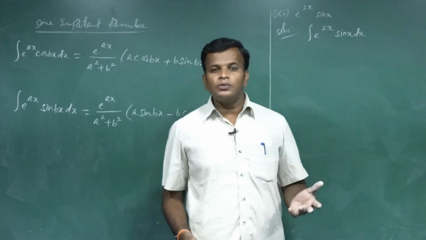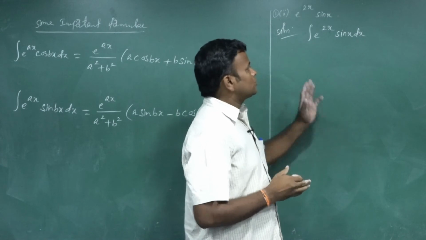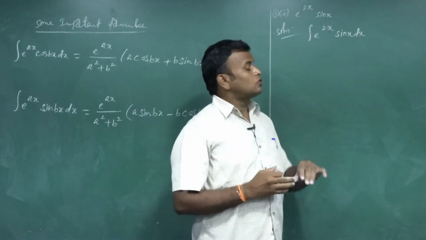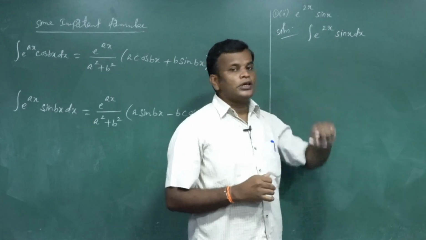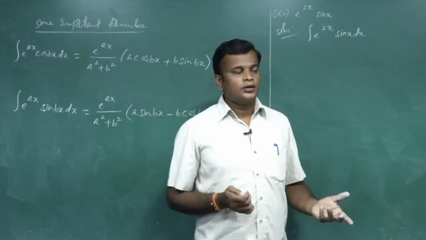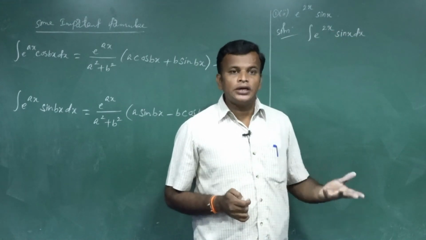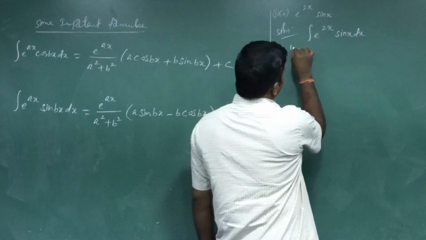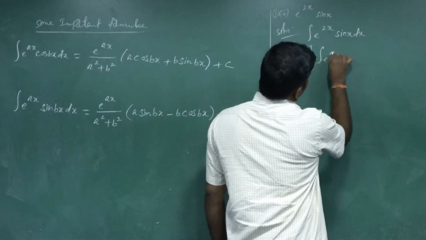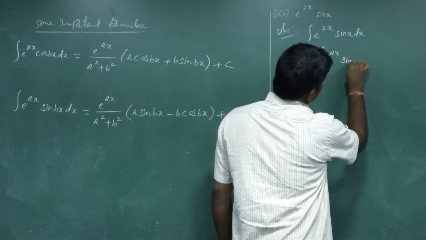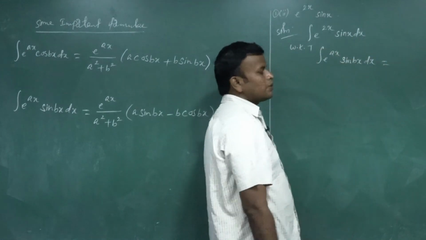But using this formula, the word is not given in your test or exam. You must confirm that the integral is of the form e power ax into sin bx. So using the formula, one term is e power ax, and another term is sin bx. So we write the formula, we know that integrating e power ax sin bx dx, sin is there, so use this formula.